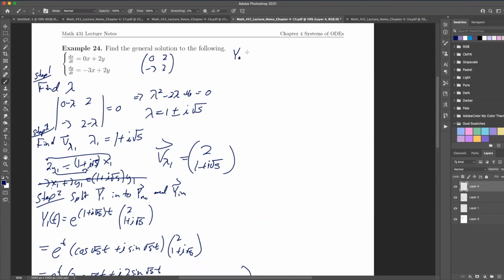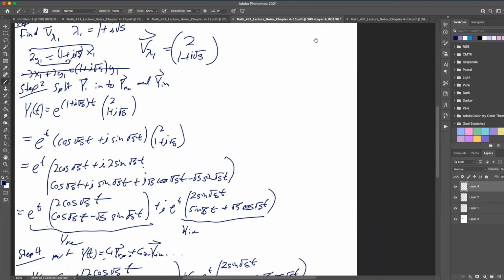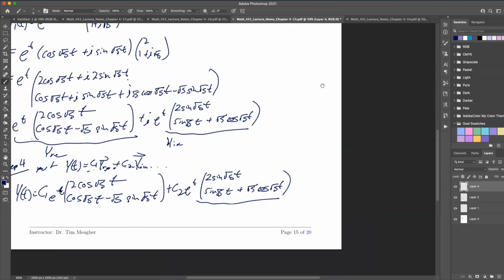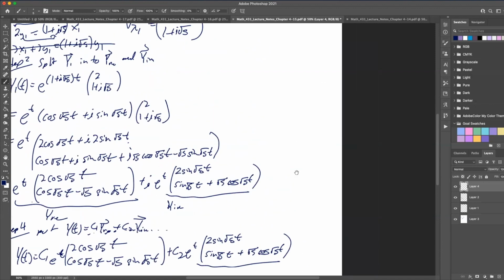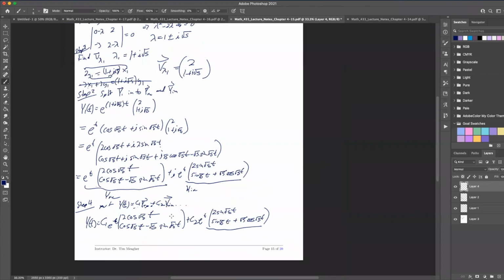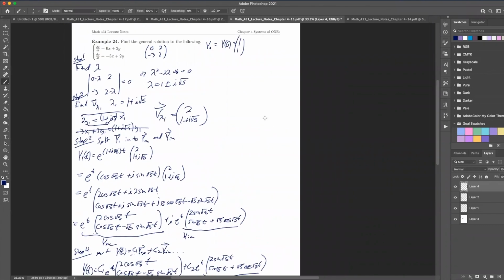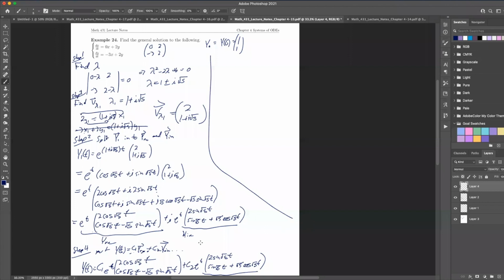So let's pretend y naught, or in other words, y of 0, is equal to 1 and 1. Well, how would I do that in this case? Well, I'll just plug in. Let me zoom out. I'm just going to plug in 0 for t.